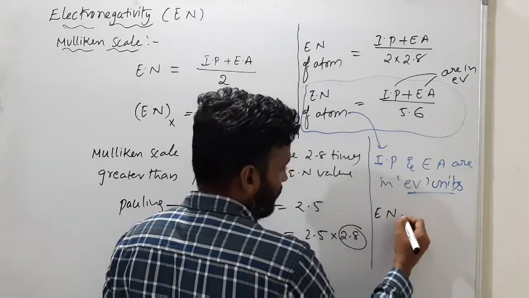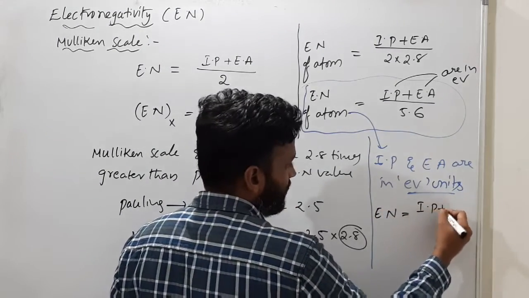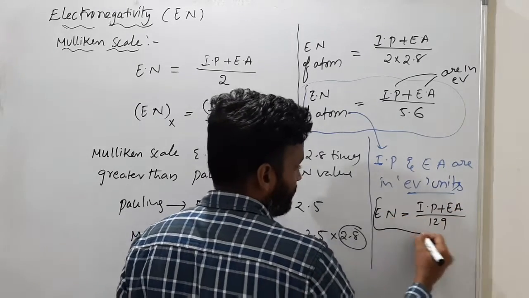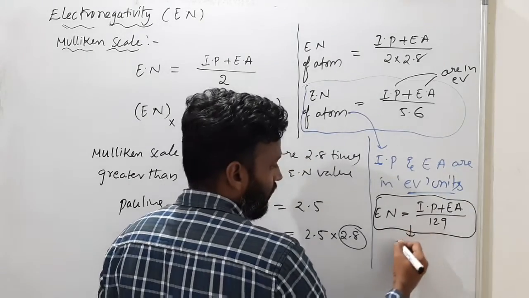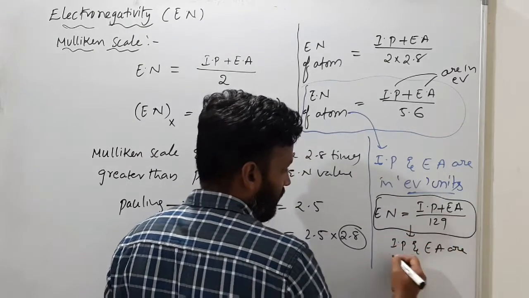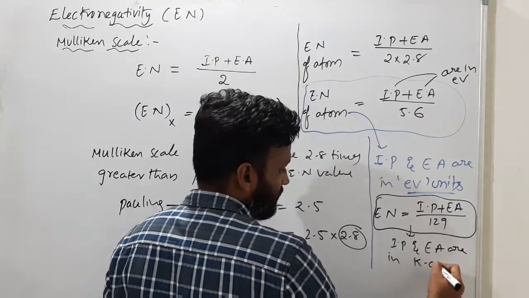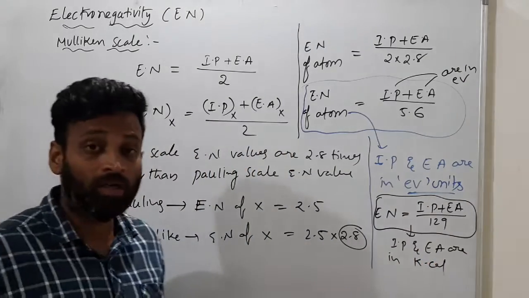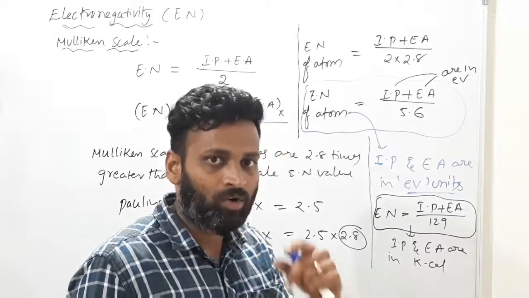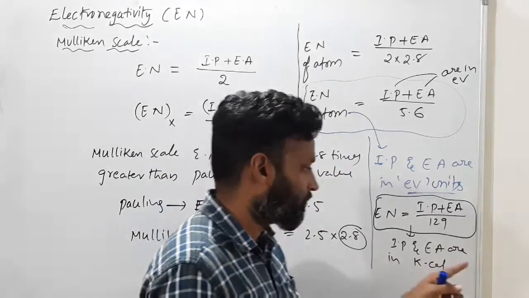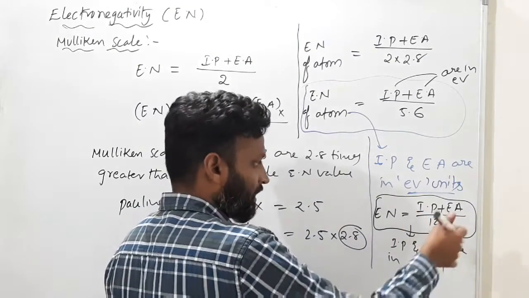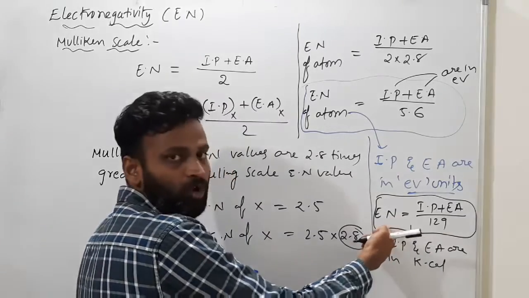Similarly, electronegativity of an atom is IP plus EA by 129, where IP and EA are in kilocalories. I gave the relations: an electron volt is how many joules, and how many kilojoules, like that we can have. So from those relations this formula was derived.